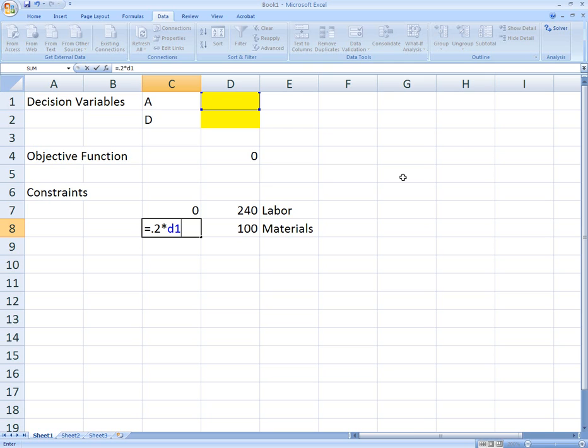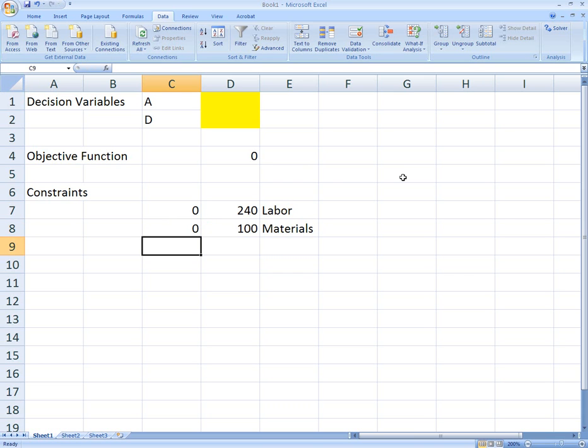So 0.2 times D1 is the amount of material I'll use when I make my athletic shoes. I'm going to add to that the amount of material I'll use when I make dress shoes, and that'll give me the total material. In this case I know that it takes 3/10 of a yard of material to make a pair of dress shoes. Okay, so in cell C8 I've put a simple formula that computes the amount of materials I'm going to use for any given product mix.